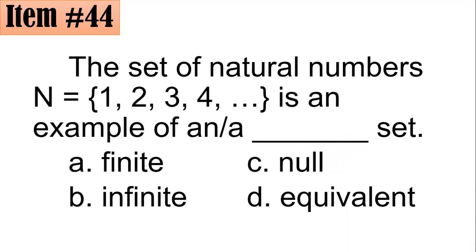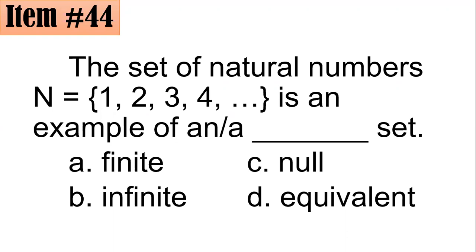44. The set of natural numbers N equals 1, 2, 3, 4, ellipsis is an example of an blank set. Is it finite, infinite, null, or equivalent? Okay, this time, very good po. No? Marami po sa atin ang sumagot ng letter B. Okay, sige nga po.